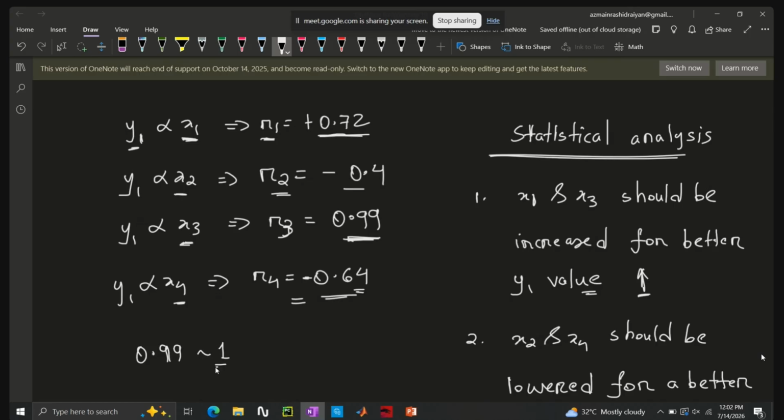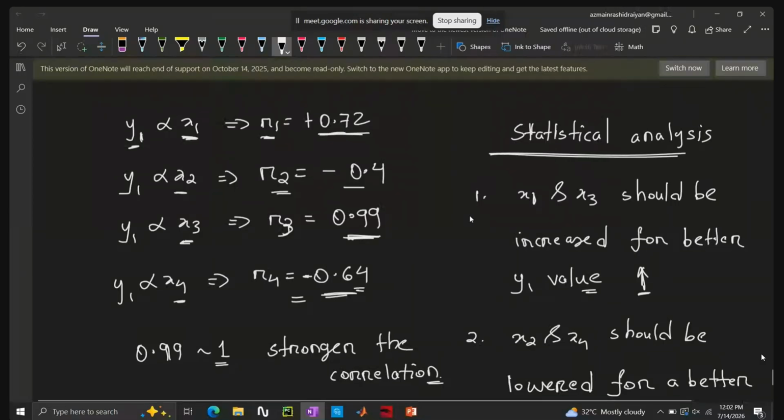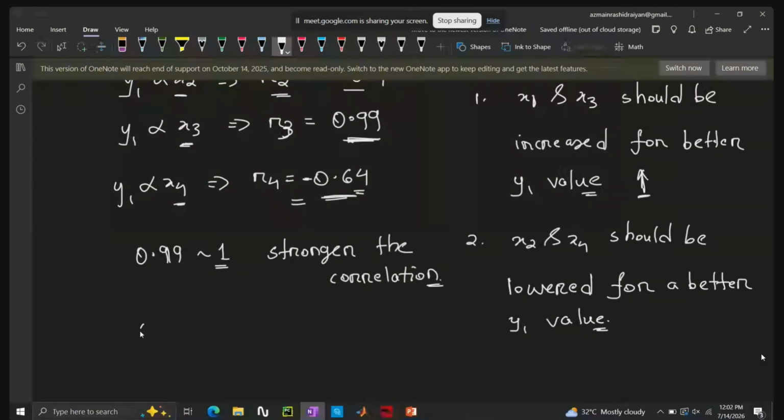So the closer the value is towards 1, the stronger the correlation. And which one has the least impact among all these input parameters? R2, yes, because it has the lowest magnitude, which is 0.4. So the closer the value is towards 0, the weaker the correlation.